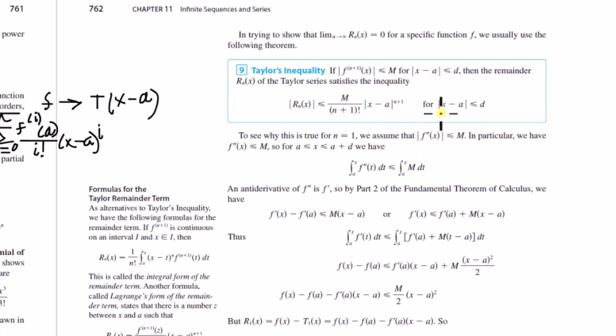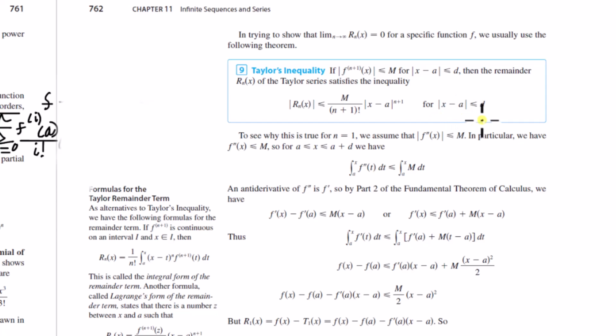Now, it says here that the absolute value of the distance from a is less than or equal to d. We're used to seeing R here, right? The valid inputs into the Taylor series, for example, are a certain distance R to the left or right of the center point. But this is d, so what does this mean?